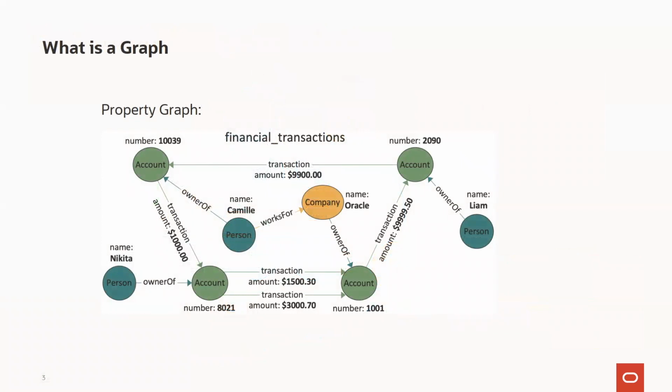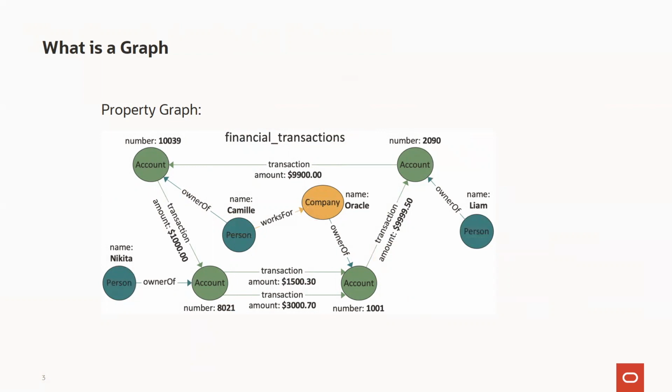We will also take a look at what exactly a graph is. In this example, we are trying to highlight the importance of a graph using a very simple example named financial transactions. Like the name, the graph involves transactions of various amounts between different account numbers.